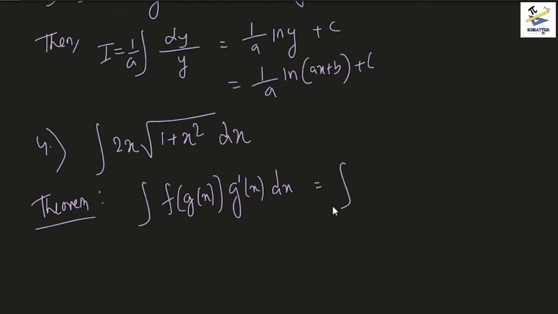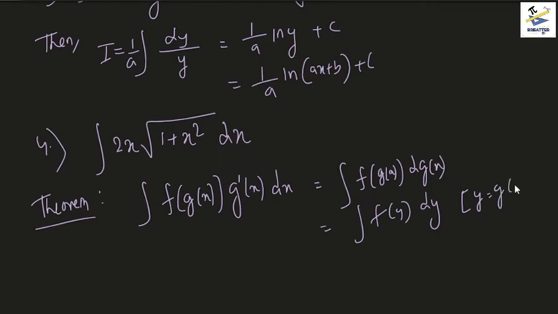Then this is equal to the integral of f of g(x) d of g(x), or you can say this is equal to the integral of f of y dy, where y equals g(x). So you just need to integrate the function f.